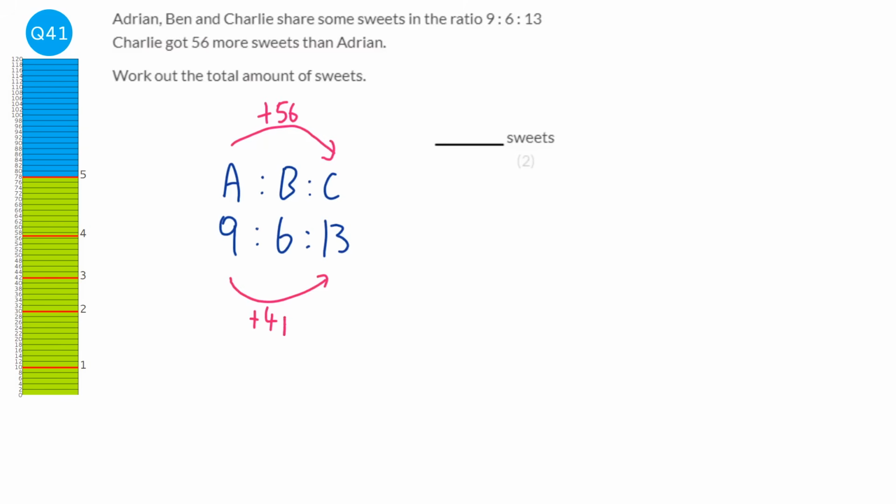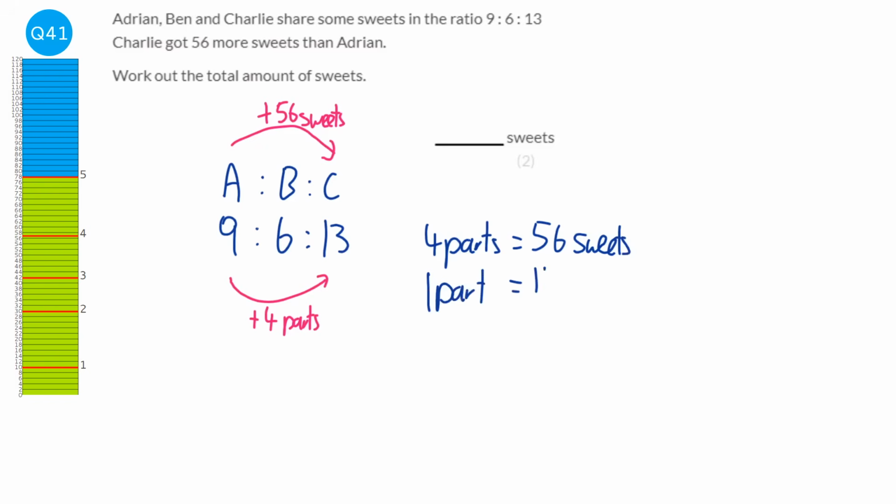So plus 4 parts, which represent plus 56 sweets. So the 4 extra parts are worth 56 sweets. So 1 part would be 56 divided by 4, which is 14 sweets.